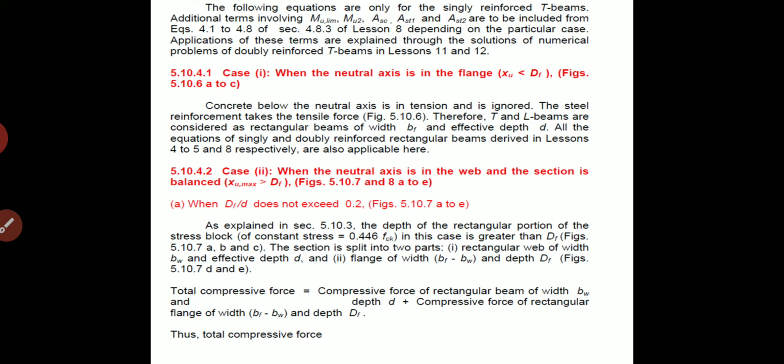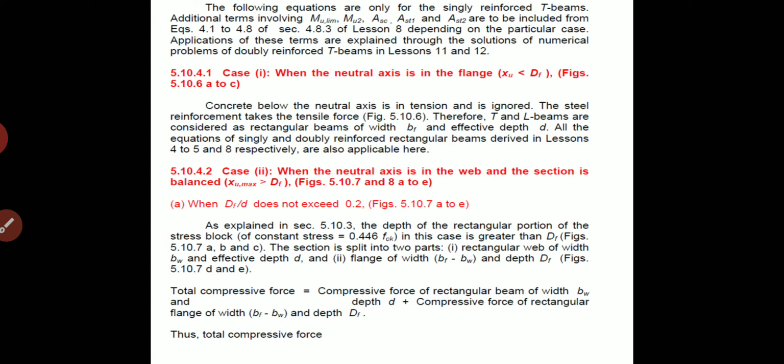When depth of flange divided by small d does not exceed 0.2, as explained in the section, the depth of the rectangular portion of the stress block, which is 0.446 fck, in this case is greater than depth of flange. The section is split in two parts.